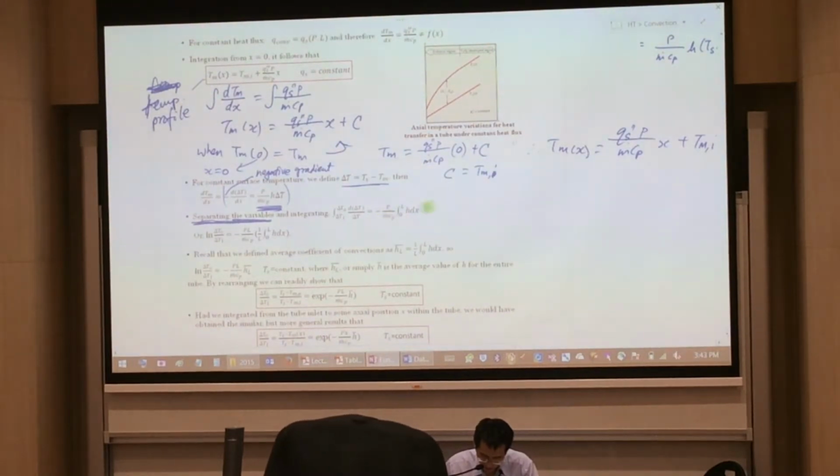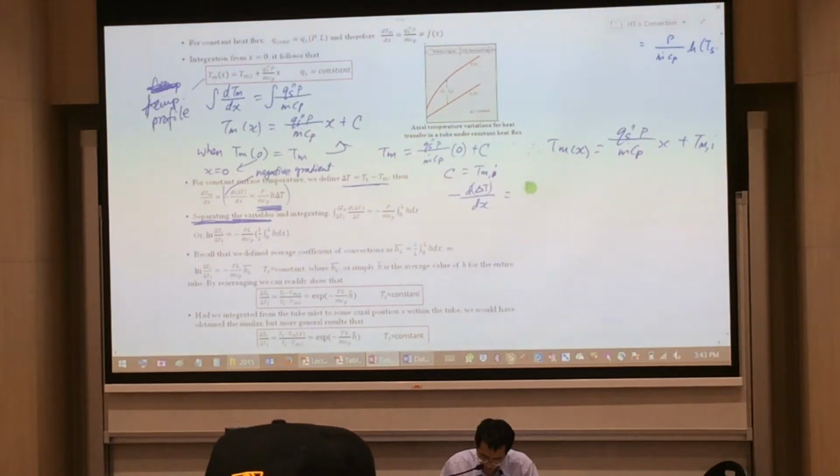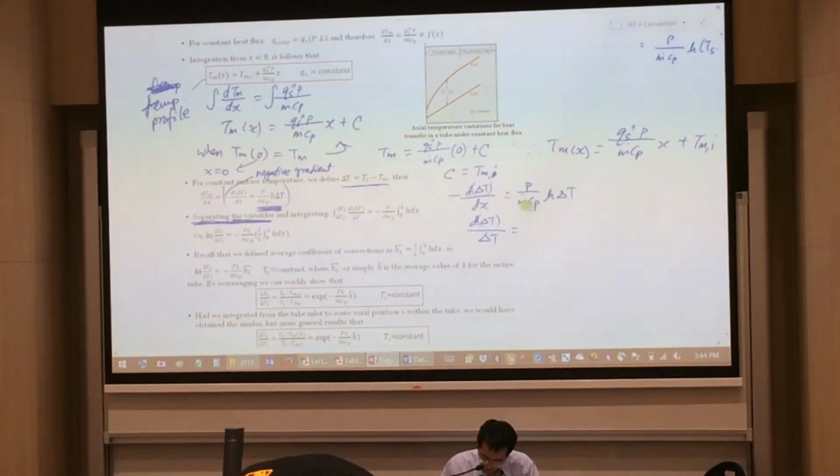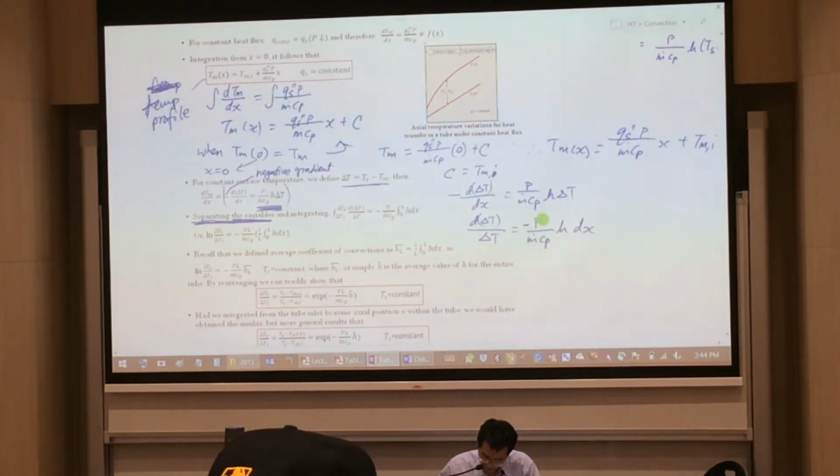So from minus d delta T over dx equal to P over m dot Cp h delta T, I separate the variables this way: the delta T stays and I bring it to the left-hand side. This part here all stays, so I have P over m dot Cp and the h, and I bring dx over to the other side with a negative sign.